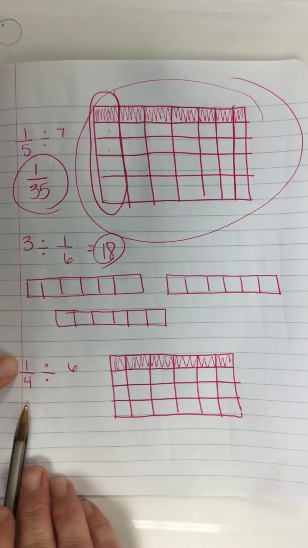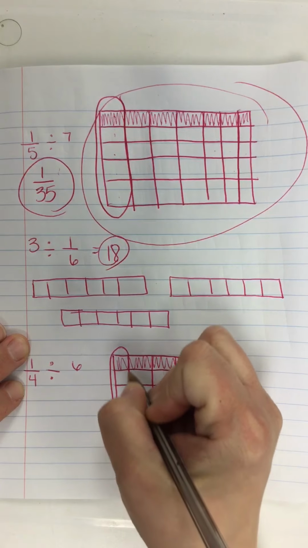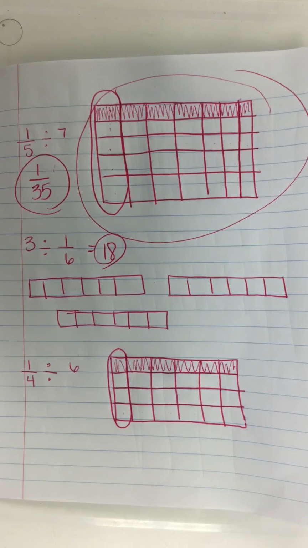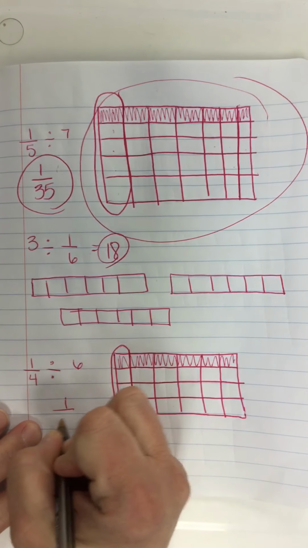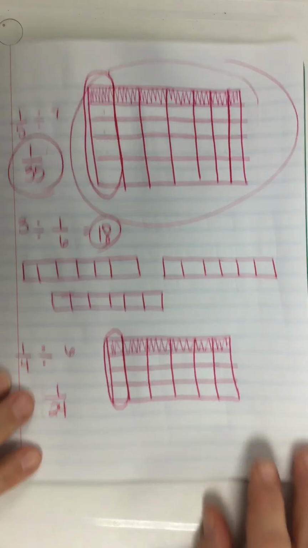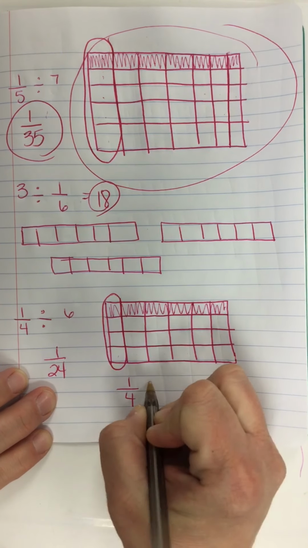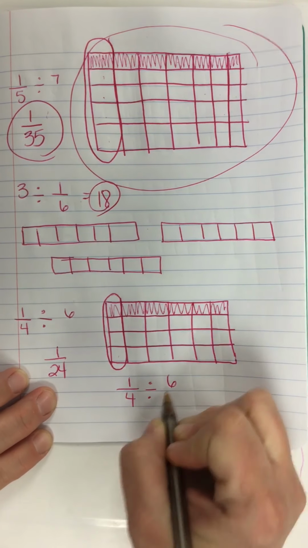And then we're looking at only 1 of the 4. So here's 1/4. So my answer is 1/24.